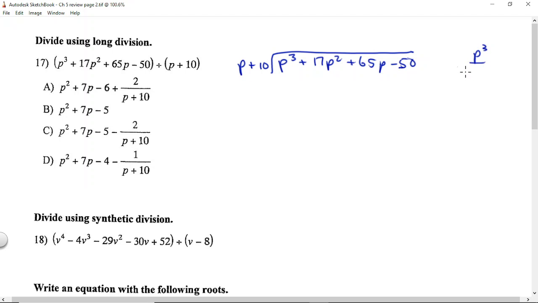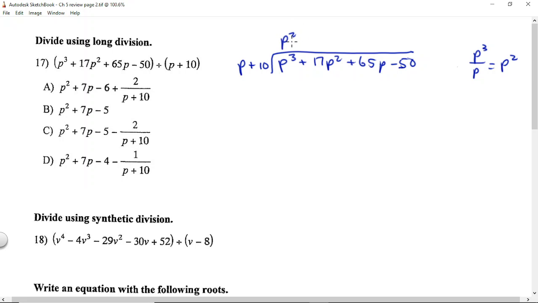You can just scribble that down to the side if you're having trouble with these. I'm going to do this video especially for the people that are having trouble, so I'm going to be writing a lot of notes over on the side. So p cubed divided by p. Well, that's p squared. Just subtract exponents. So we write that right here.